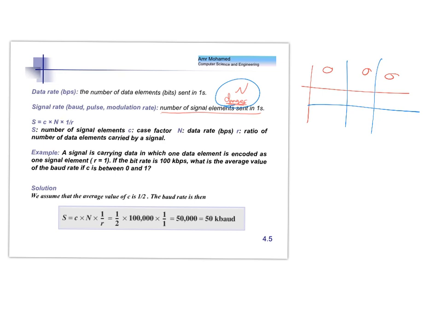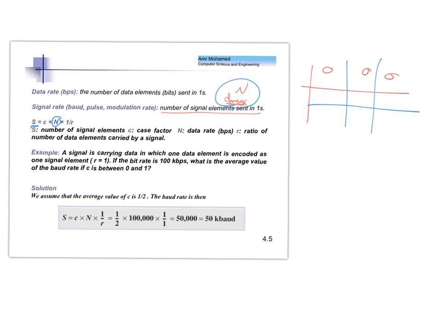This will help you understand why, when we say the signal rate is the bit rate divided by R, why divided by R? If we have a number of signal elements that represent a smaller number of data elements, the frequency required will be higher.